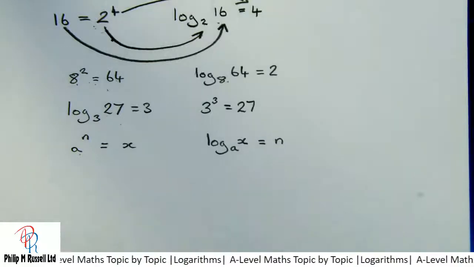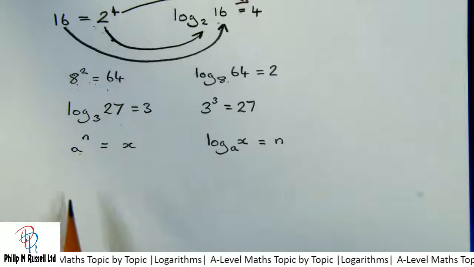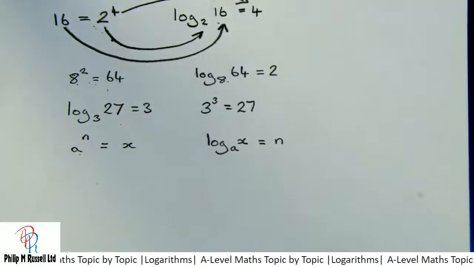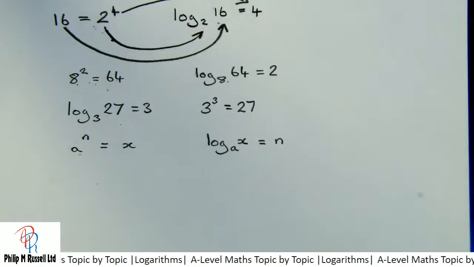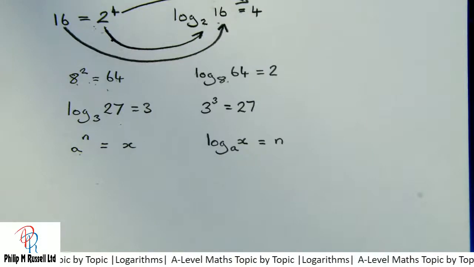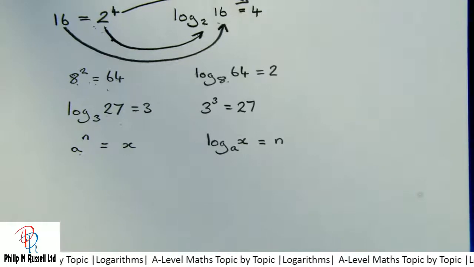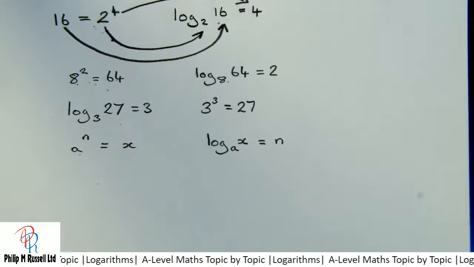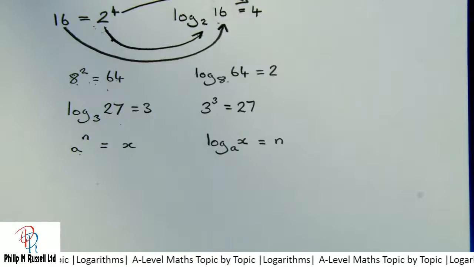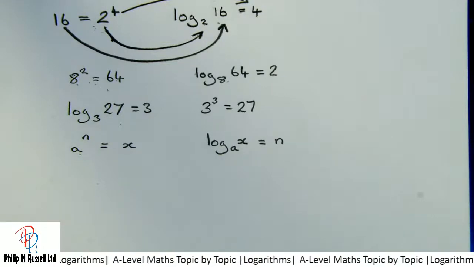At the beginning of a lesson I would often start by just writing down one of these, and they would write down the opposite for me. And they can do it then almost in their sleep. So let's start coming up with some rules of logs.